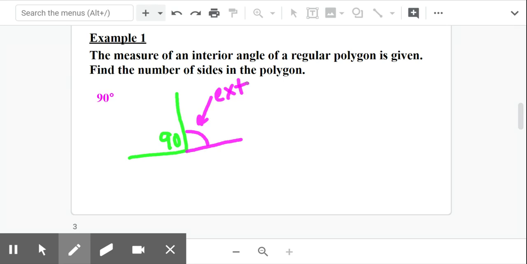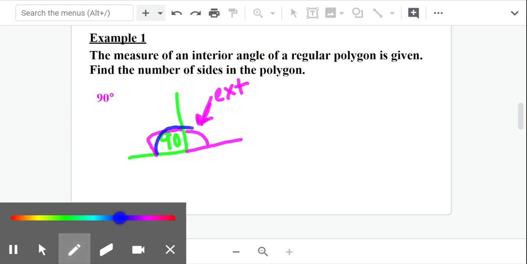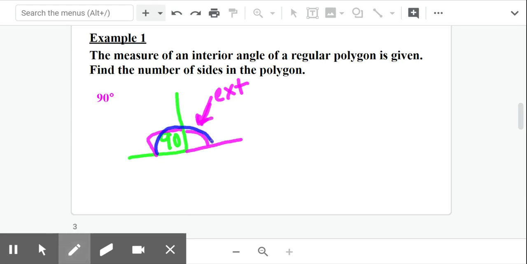And what would that exterior angle be? If I have 90 degrees over here, what would I have over here? Well, the whole thing is 180 degrees, so my exterior angle also is 90 degrees. Then I ask myself, what is the sum of the exterior angles of any polygon?